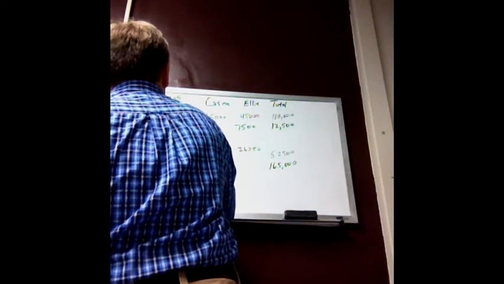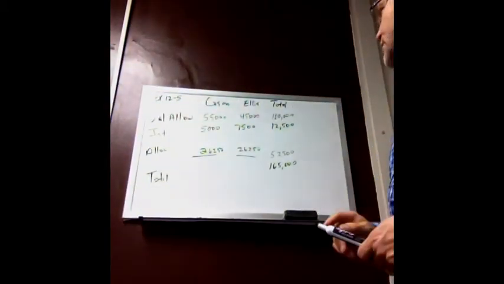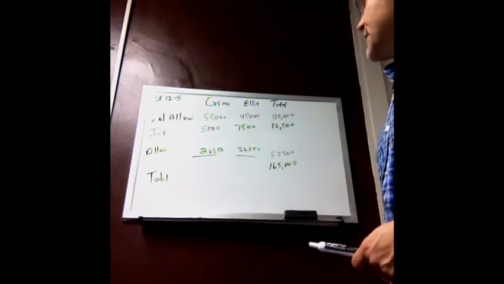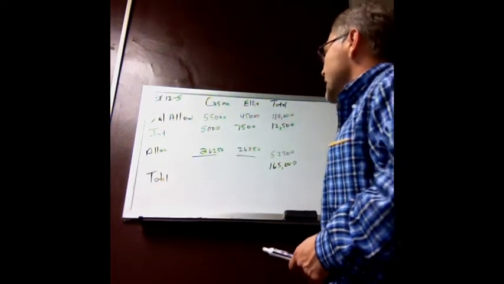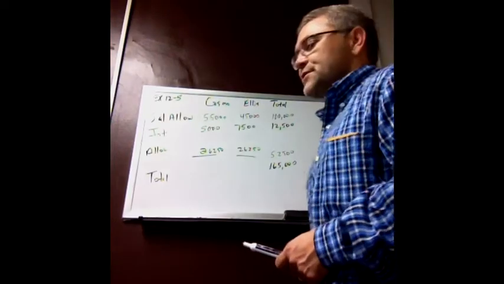So let's look at the grand totals. So the grand totals would be for Cosmos 55,000 plus 5,000 plus 26,250. For Ellis 45,000 and 7,500 and 26,250.